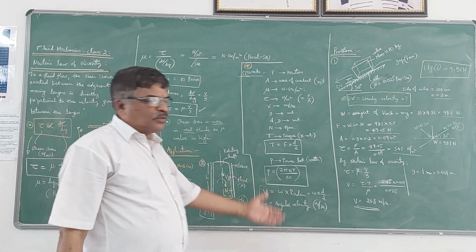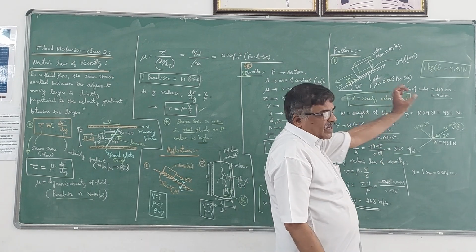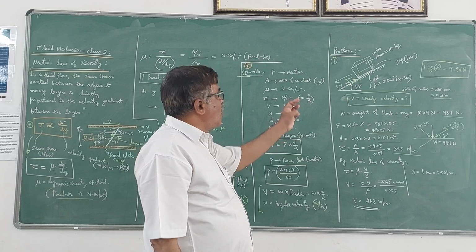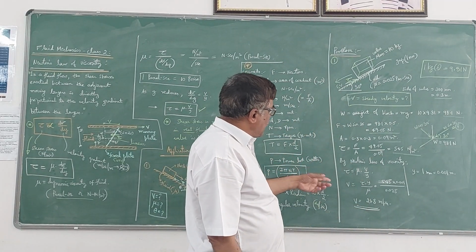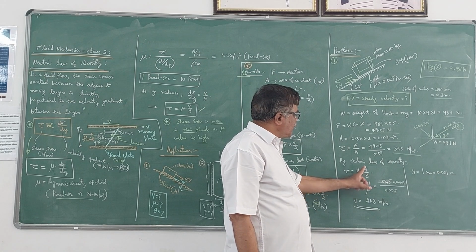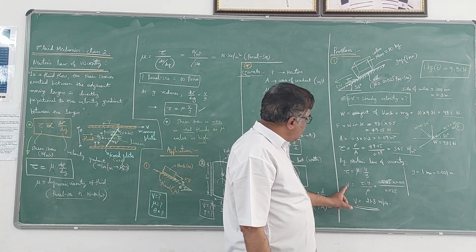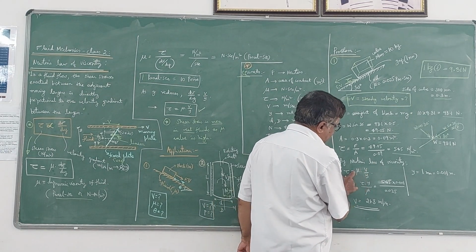Now we can apply Newton's law of viscosity. Since y is very, very small, 1 mm is a very small distance between the block and this fixed plane, you can write tau equals mu into v by y. When y is very small, you can use this. Here v is the unknown, so v becomes tau into y divided by mu.